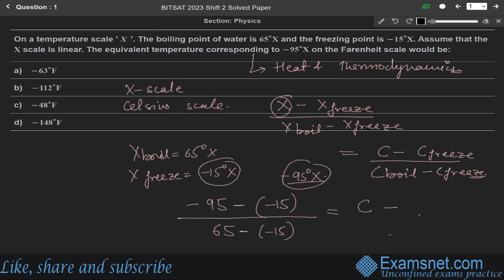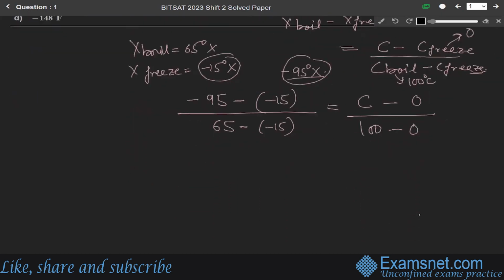We know that C freeze is 0 and C boil is 100 degrees Celsius, because water boils at 100 degrees Celsius and freezes at 0 degrees Celsius. So C minus 0 over 100 minus 0. It becomes minus 80 after simplifying, over 80, equals C over 100 degree Celsius. So from here we find that C will be equal to minus 100 degree Celsius.